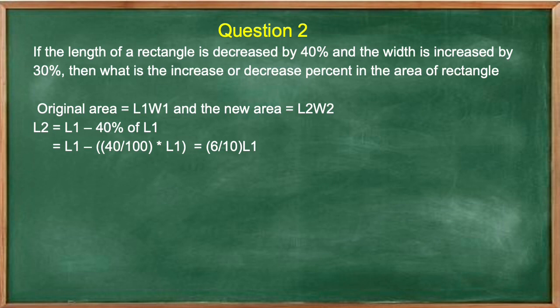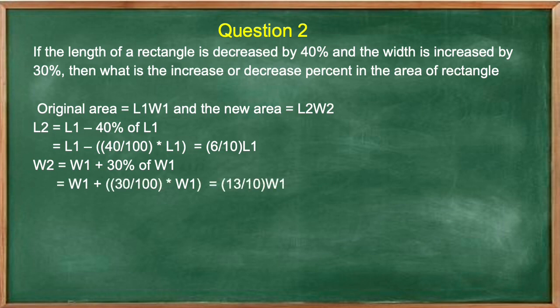And the new width W2 is increasing by 30%. So W2 will be 30% more than W1. So W2 is equal to W1 plus 30% of W1, which is equal to W1 plus 30 divided by 100 into W1, which is equal to 13 divided by 10 W1.